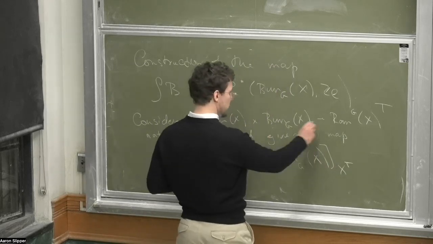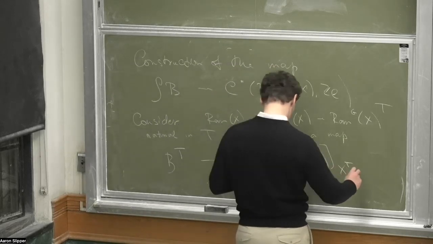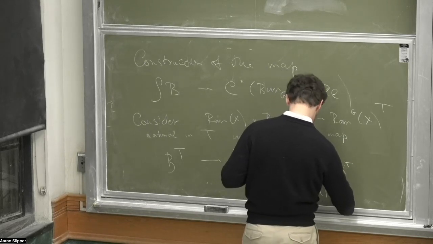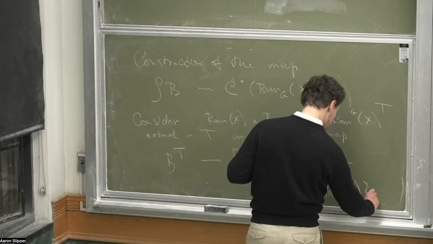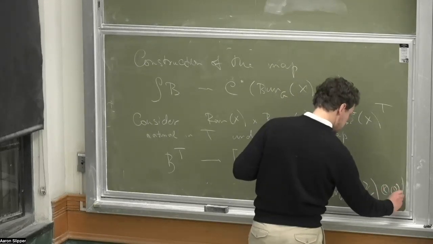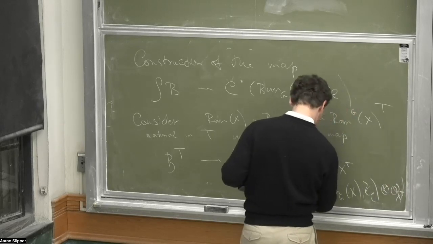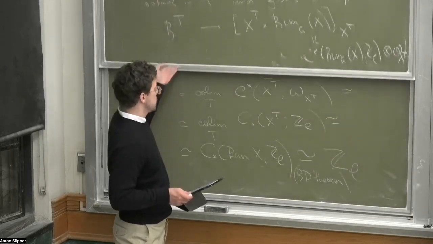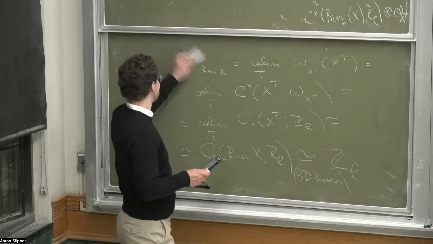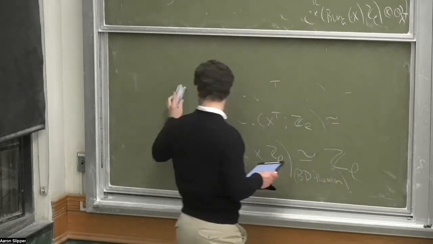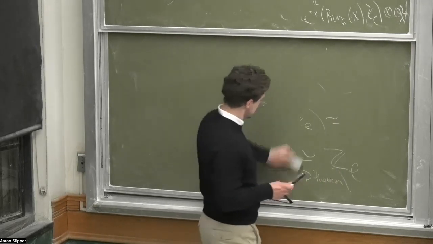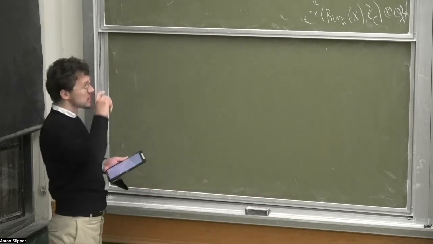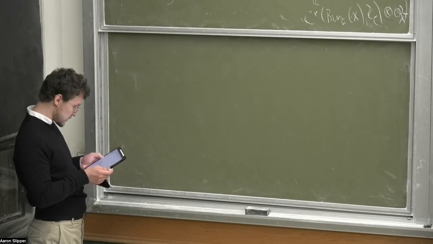Yeah, so this map is over X to the T as well. So we have such maps for any T, which are natural in surjective maps.